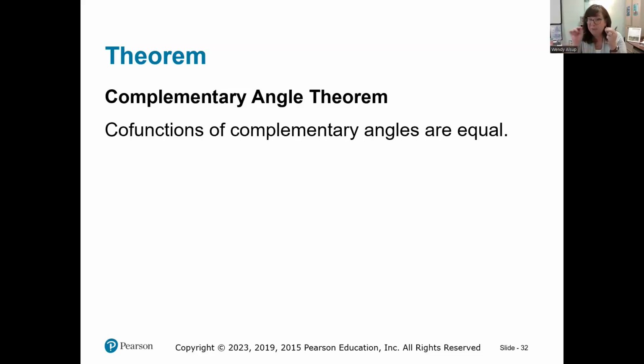Well, they're not. They're the cofunctions, and they are related by this complementary angle theorem. Cofunctions of complementary angles are equal. That would be sine and cosine of complementary angles are equal, tangent and cotangent are equal, and secant and cosecant are equal.